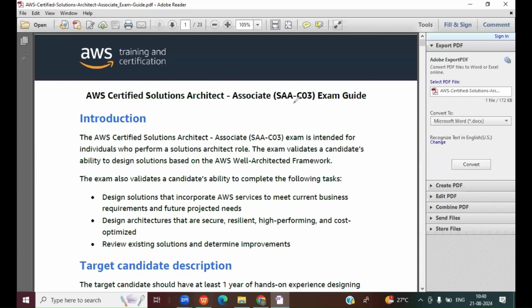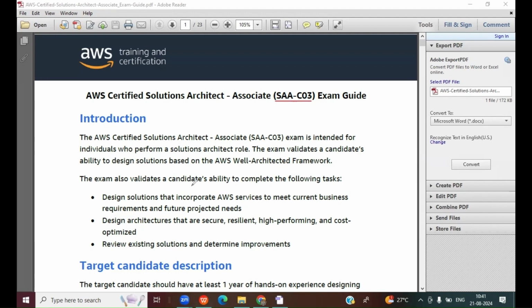So if you see here, this is the latest version of the architect certification exam, which is SAA-C03. The previous version of the exam was SAA-C02, but this is the updated version which has been effective since 2022. And as part of this SAA-C03 exam, AWS have added a good number of services to the examination scope.